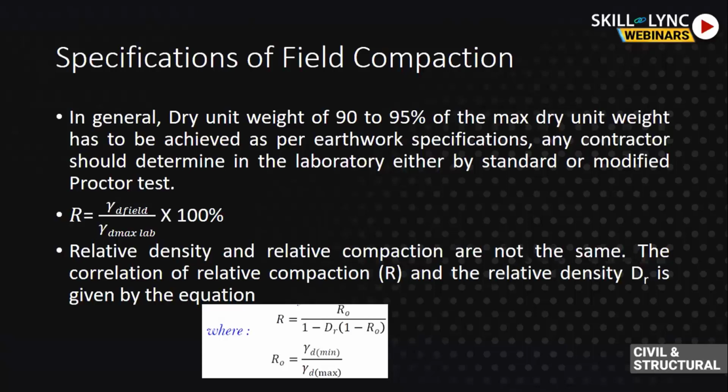It should be determined in the laboratory by either the standard or the modified Proctor test, as we discussed earlier. So here the relative compaction R equals gamma d field over gamma d max lab, times 100%, which helps us determine that. We should also note that relative density and relative compaction are not the same. The correlation of the relative compaction R and the relative density Dr is given by the equation below.